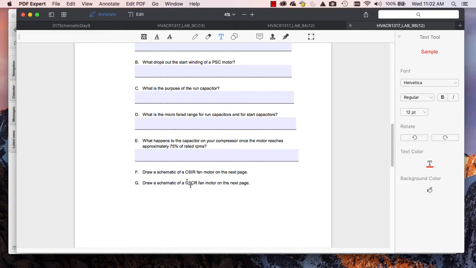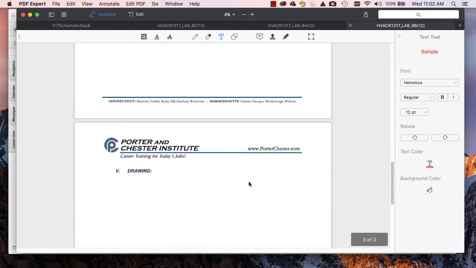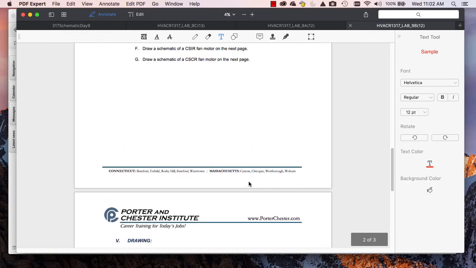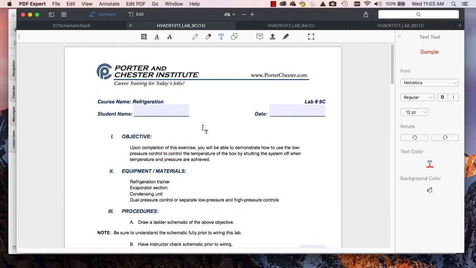A hint for this one, the easiest start component to use on this is the potential relay. On this one, the easiest component to use for this is going to be your current coil relay. And there's plenty of space for drawing, okay? So that's 9C.